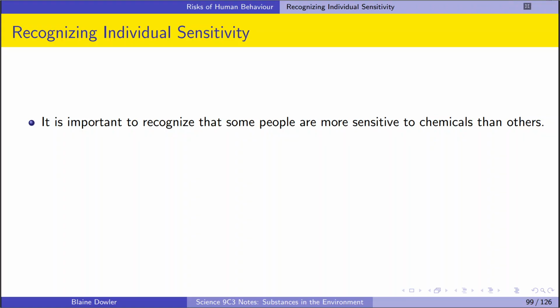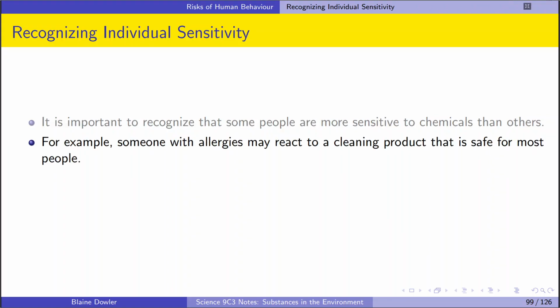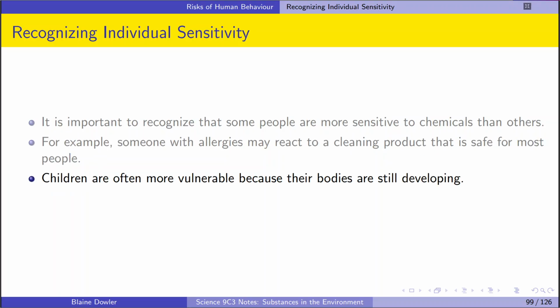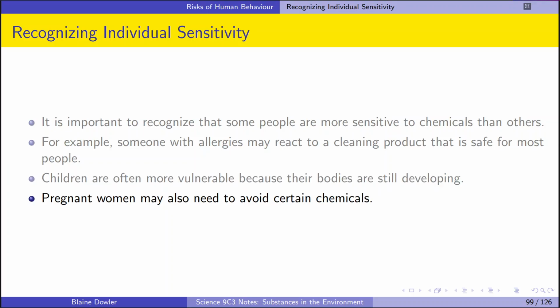Recognizing individual sensitivity. It is important to recognize that some people are more sensitive to chemicals than others. For example, someone with allergies may react to a cleaning product that is safe for most people. Children are often more vulnerable because their bodies are still developing. Pregnant women may also need to avoid certain chemicals.